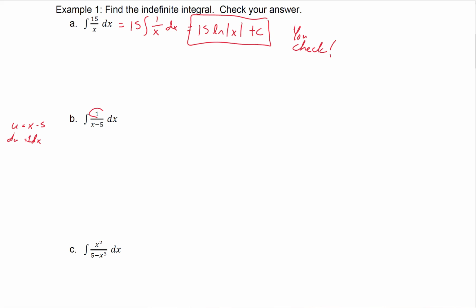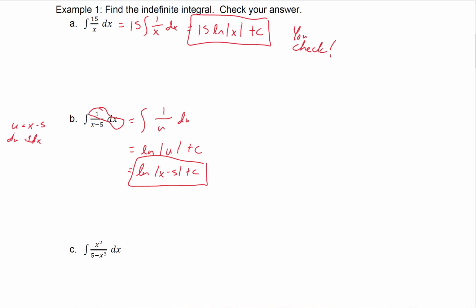And notice we have the 1 dx left over. So the integral of 1 over x minus 5 dx is equal to the integral of 1 over u du. And so that is natural log absolute value of u plus c. So it's natural log absolute value of x minus 5 plus c.